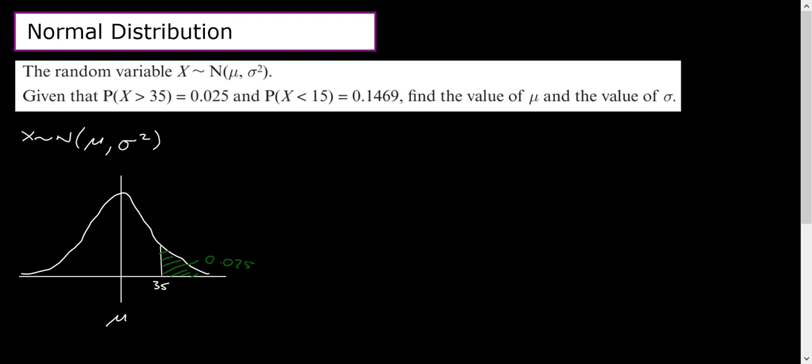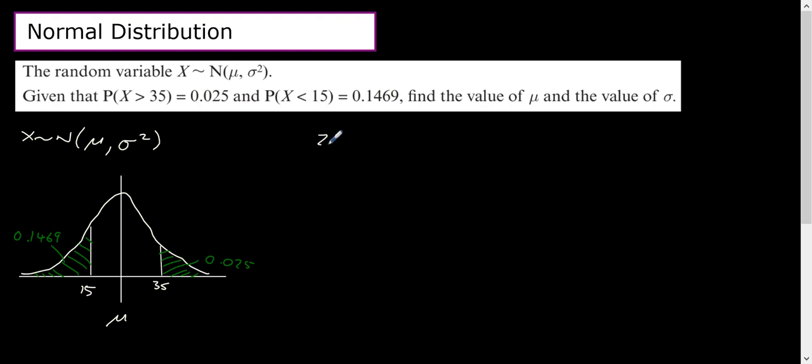So my 15 is going to go on this side, and I'll shade that in green as well. So less than 15 comes out as 0.1469. So here is the situation, right? We've got a lot of information going on here, but what we don't have are the two vital pieces that will allow us to do any work on a calculator.